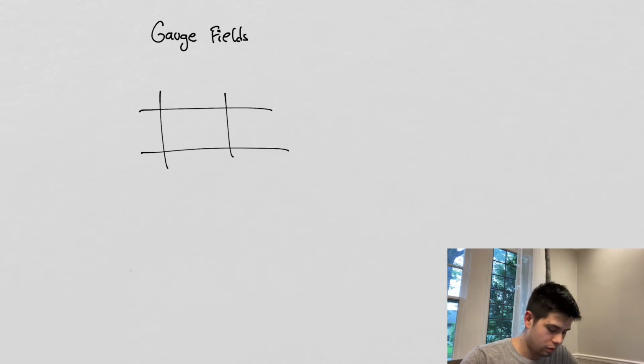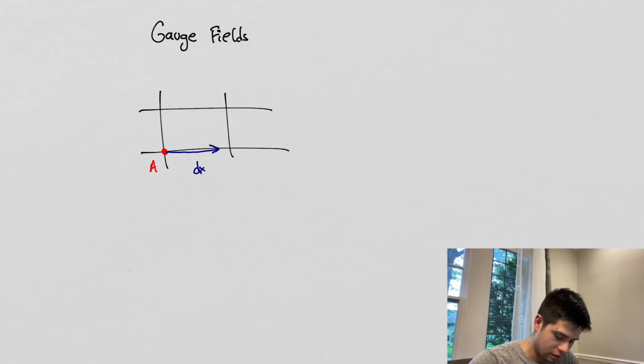And what we want to do is start off at a point here, we'll call it A. We're really just interested in what happens if we were to travel from point A this way in the x direction. So say this is a small distance in the x direction. Similarly, we can do the same thing with a small distance in the y direction.